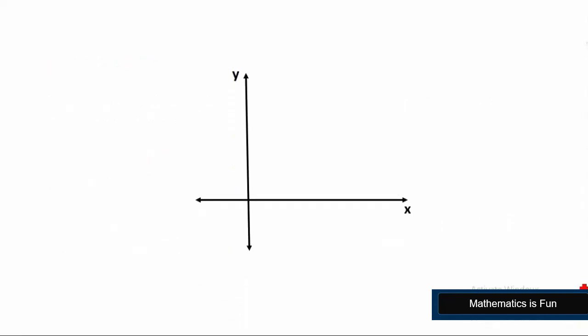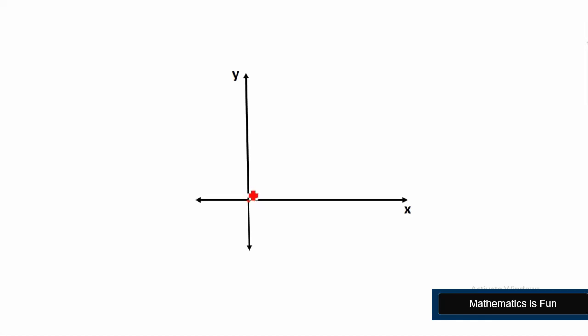Well, let's recall the graph of a single valued function, and then we would extend this idea to the graphs of multivariable functions. The graphs of single valued functions are two-dimensional. So here we have the x-axis and this is the y-axis, and their intersection is the origin.